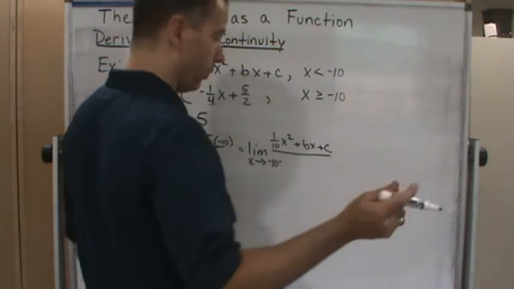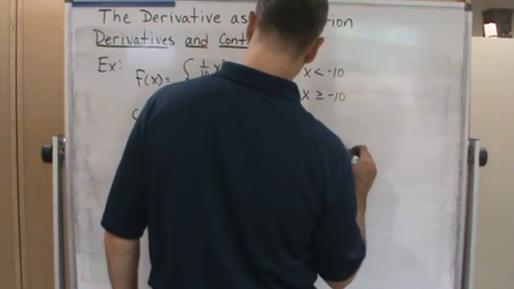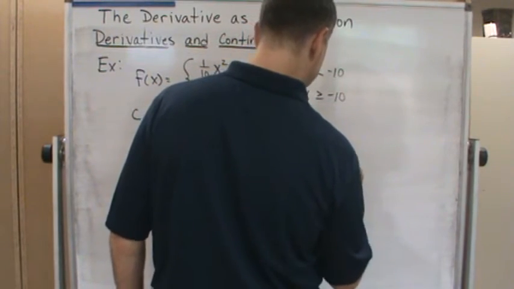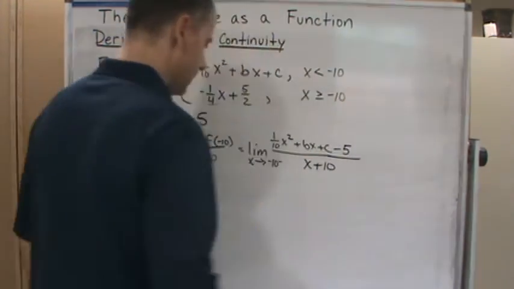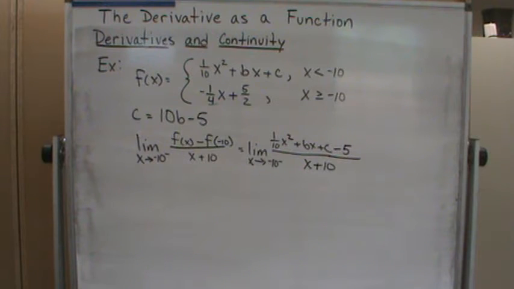That's what we showed. So minus 5. And then we're going to have x plus 10, right? So that's what we have so far.